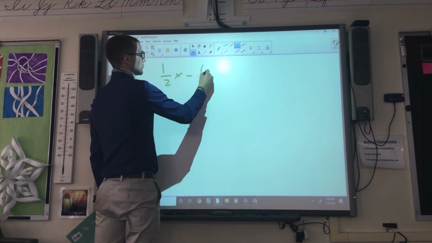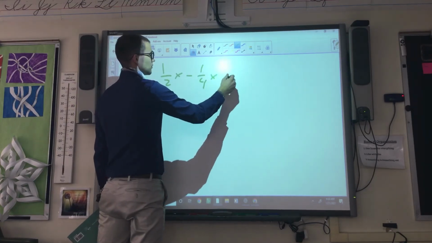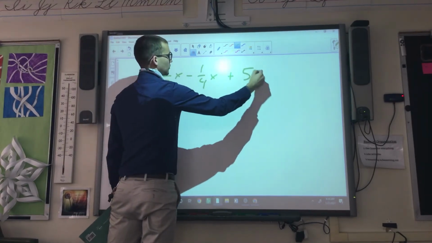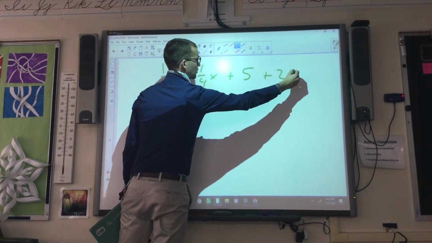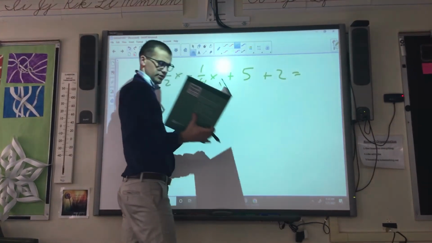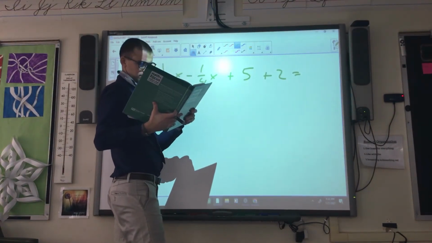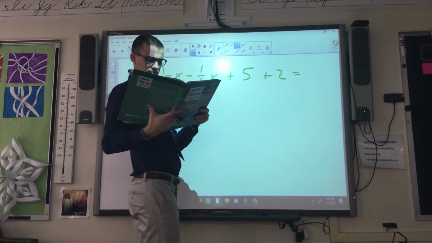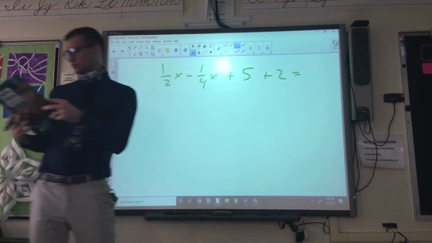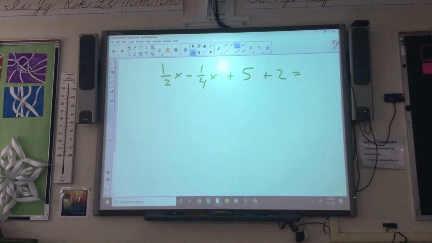Minus 1/4 x plus 5 plus 2 equals 1/4 x. Does it really say equal? No, it does not. Let me look, where in your book are you seeing this? Okay, so this is them simplifying it. So this is the actual expression.